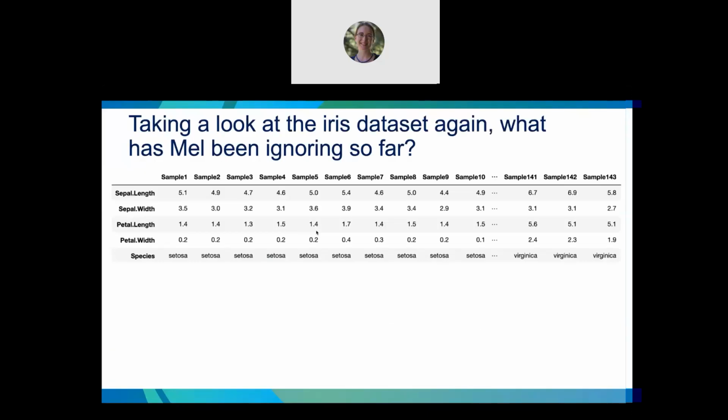The thing is, what has Mel been ignoring so far? If we take a look at the iris dataset, Mel has been working with sepal length, right? So what has Mel been ignoring? Can you guys tell me?